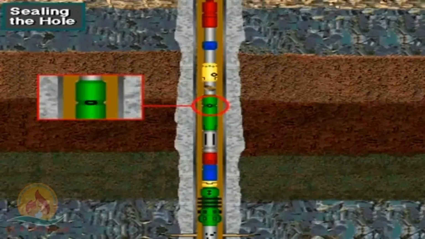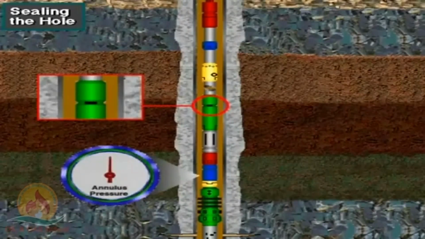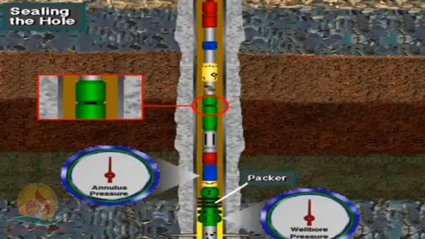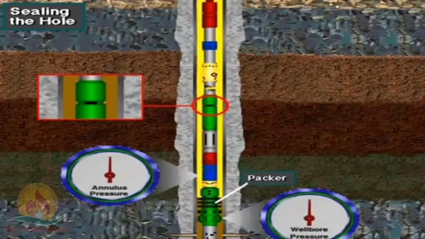Rotation opens ports inside the DST tool. With the ports open, formation fluids flow into the tool and to the surface. During this time, crew members closely monitor annulus pressure to make sure the packer maintains a good seal between the hole section being tested and the annulus above the packer.